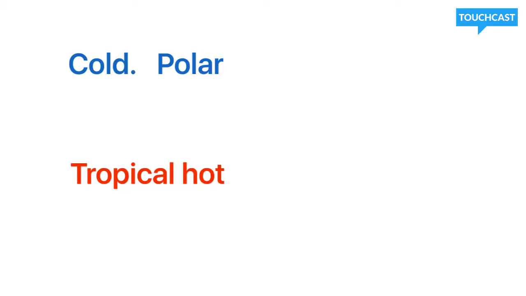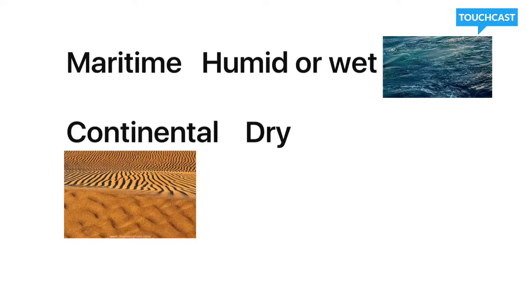Alright, so let's look at the moisture. A maritime air mass is going to be humid or wet, because maritime comes from the word marine, which means ocean or water. Now, continental is made of land, which means continents are going to typically be dry.